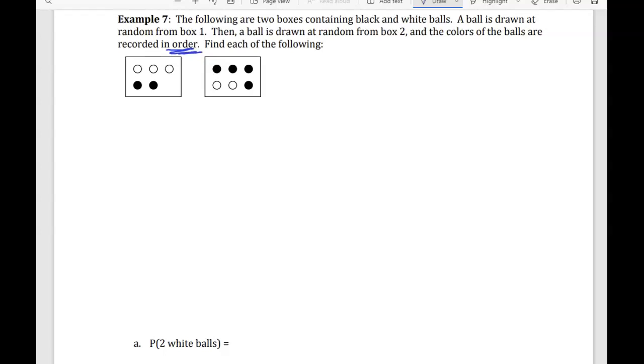So let's first look at what we have in each box. Box 1 is going to have 3 white and 2 black, for a total of 5.